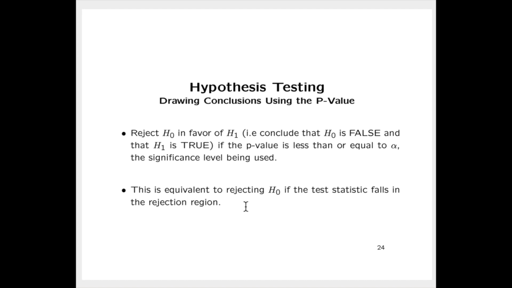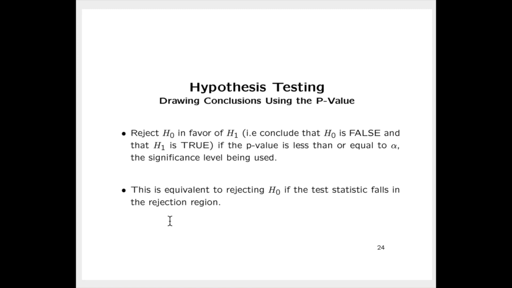Now, this is another way of deciding whether to reject the null hypothesis. Remember, the other way that we had was to take the value of the test statistic and evaluate it using the rejection region or rejection criteria. These two approaches, the test statistic and rejection region method and the p-value method, are completely 100% equivalent.